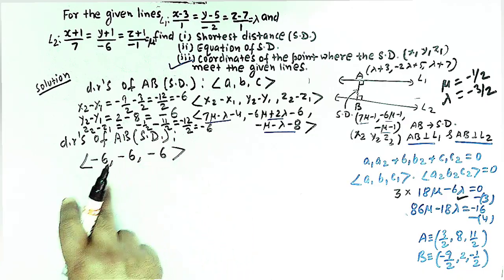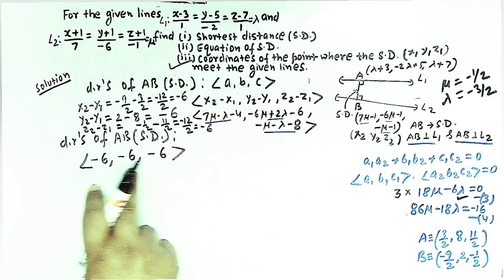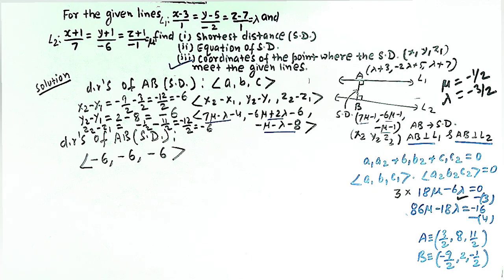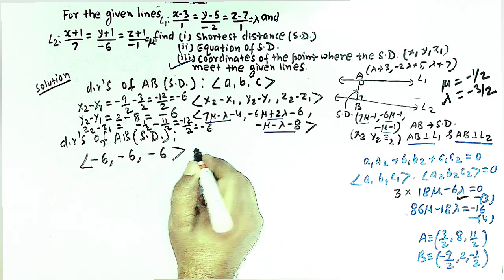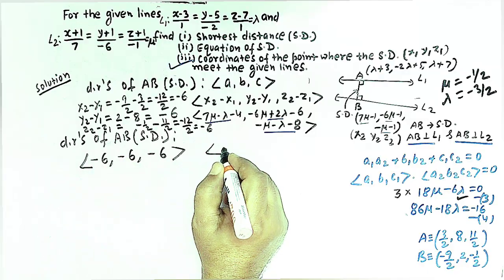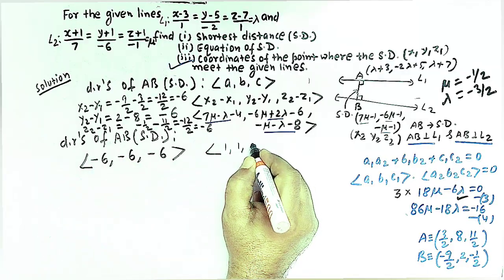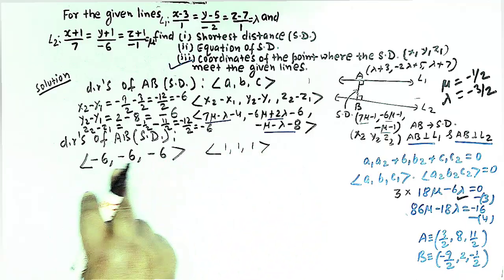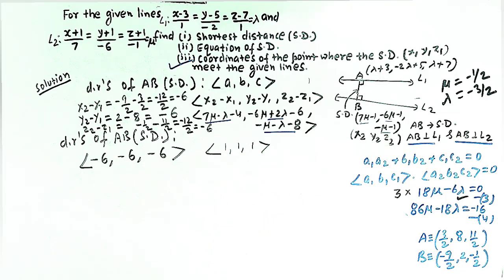And if we write these direction ratios in reduced or simplified form, then we can write the direction ratios of AB as 1, 1, and 1, that is dividing throughout by negative 6.